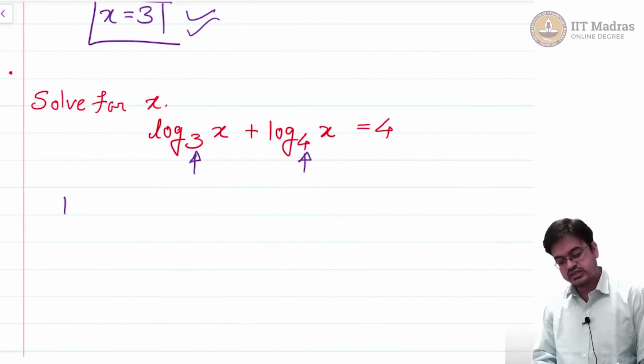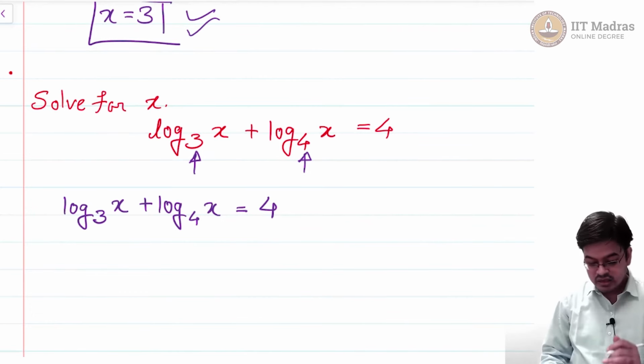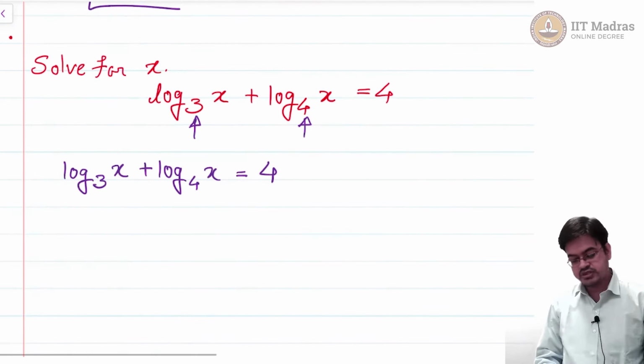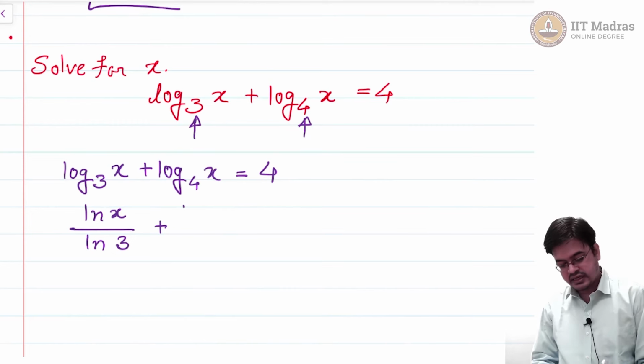As I mentioned, it is better to write the expression once more. Log to the base 3 of x plus log to the base 4 of x is equal to 4. If I want to apply the change of base formula, I will simply use this as log to the natural base. So ln of x upon ln of 3 plus ln of x upon ln of 4 is equal to 4.